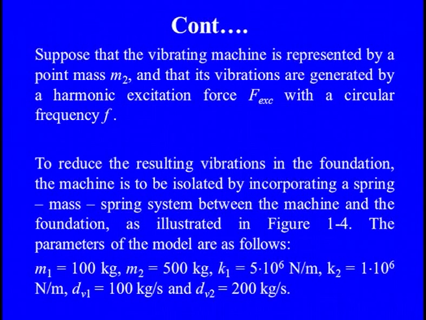The stiffness is 5 into 10 to the power 6 Newton per meter for the first spring, and 1 into 10 to the power 6 Newton per meter for the second. The damping D1, between the base and the foundation, is 100 kilogram per second, and D2, between the base and the mass, is 200 kilogram per second.